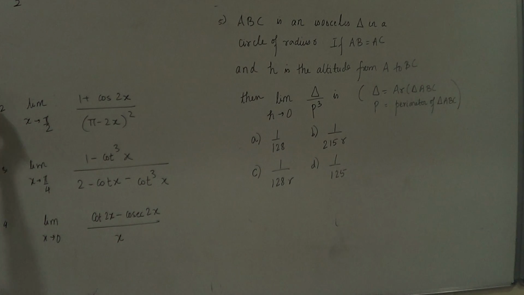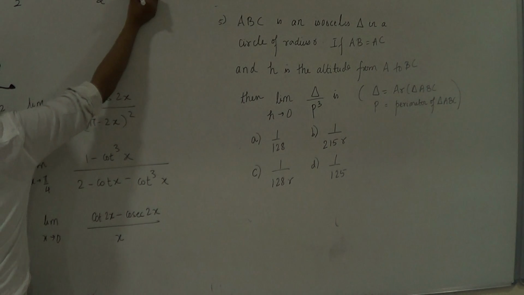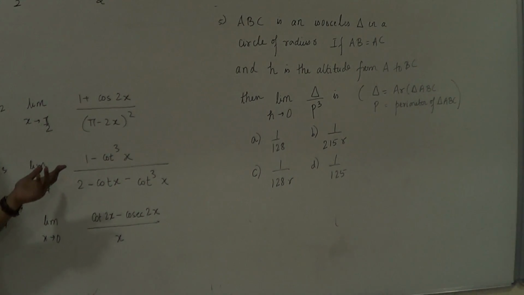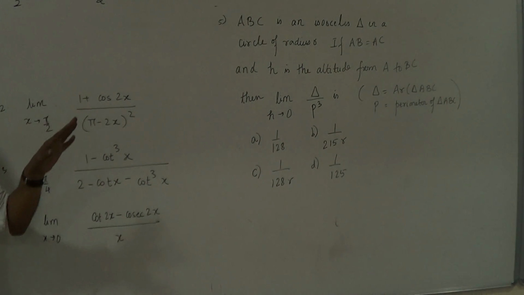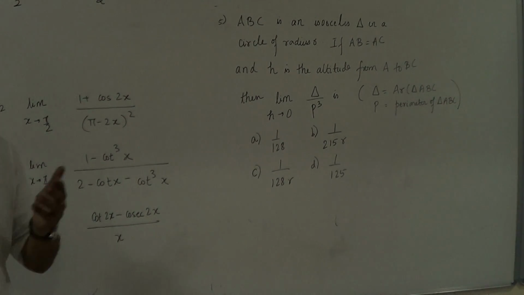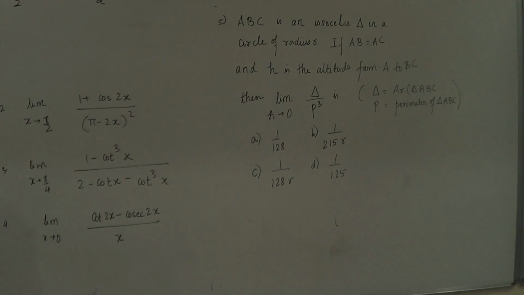As x tends to pi by 2, h tends to 0. So the entire problem converts into a problem with h tending to 0, which is more convenient because we are so used to looking at sin x by x tending to 0. So we are able to identify standard limits there very fast, vis-a-vis when x is not tending to 0.